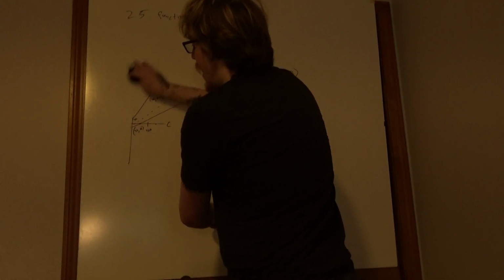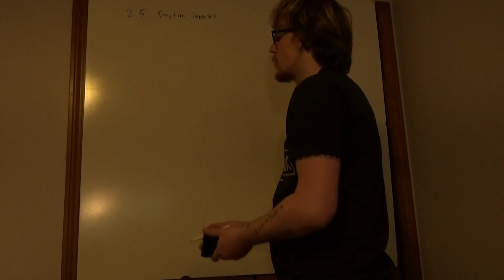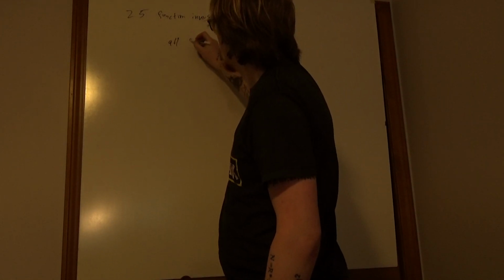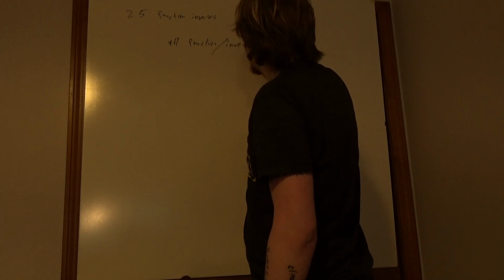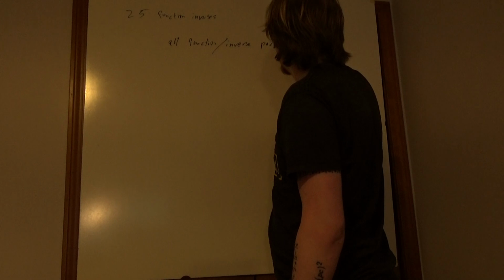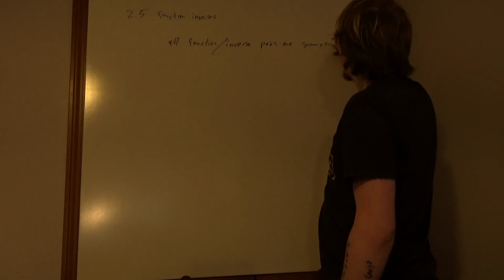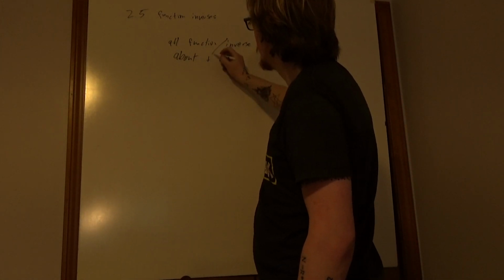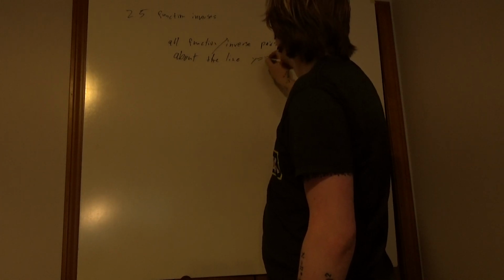But in general, all inverses, so here let me actually write this. Here's an instance where backing up or going slower using the pause button is going to be helpful, because I'm going to move on. But we can say that all function inverse pairs are symmetric about the line y equals x.